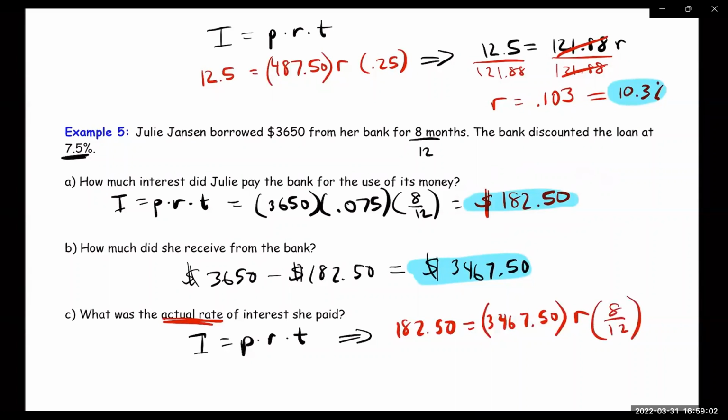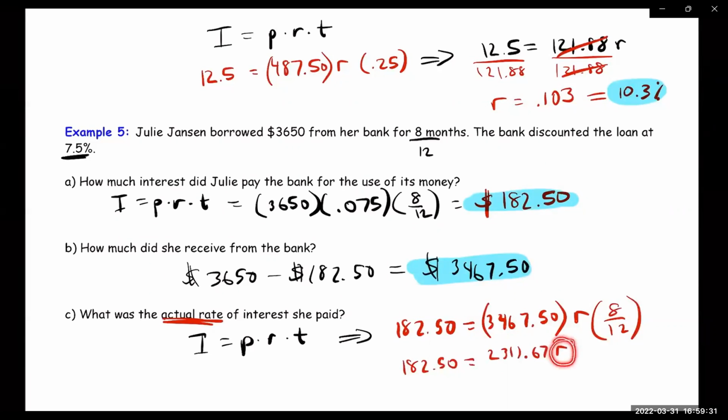So let's first multiply these two numbers and then divide by 12. 3,467.5 times 8 divided by 12, I'm getting 2311, and I'm going to round that to 2311.67.